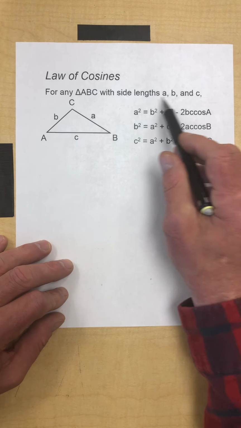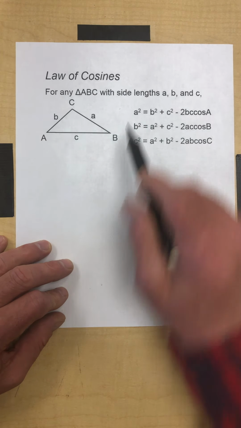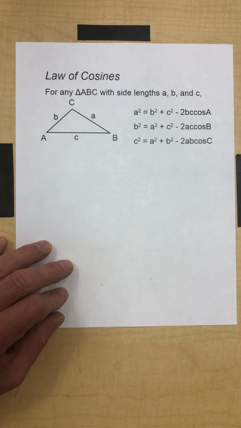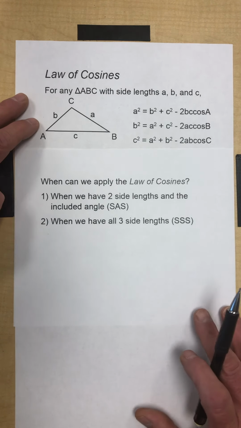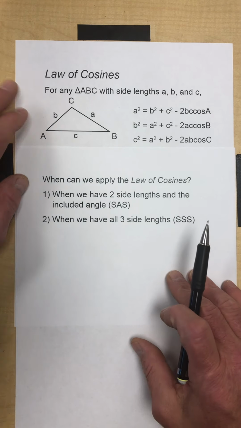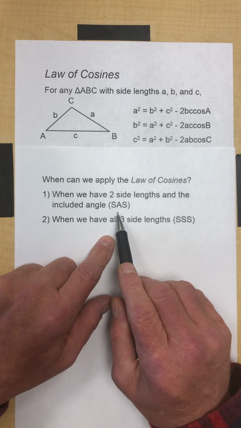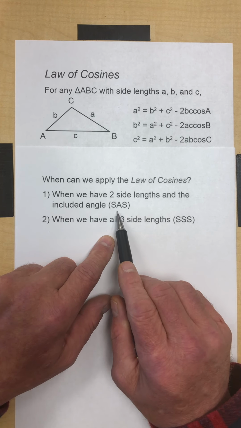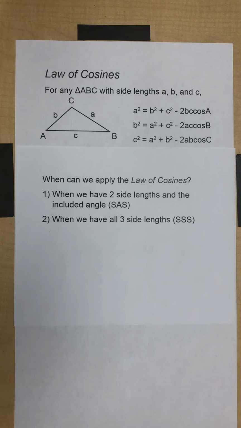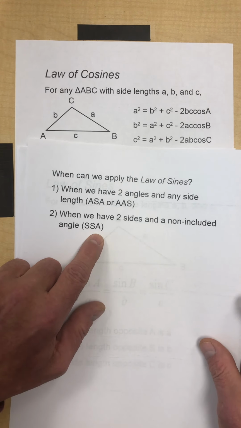But a lot of times when students first start working with law of cosines, they have to continue to go back to this guy. So we say, okay, when can we use this? Well, we can use the law of cosines if we have SAS, so you have two sides and the included angle. Now remember, that's different from two sides and a non-included angle.